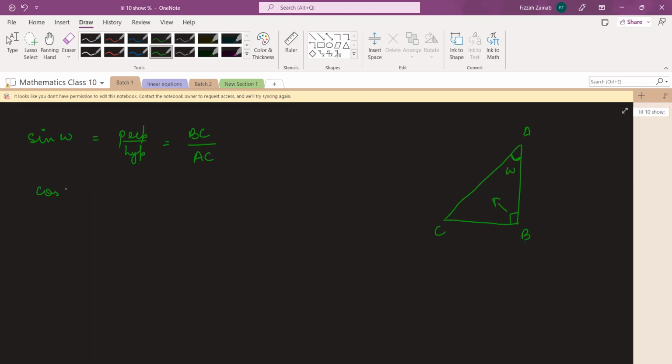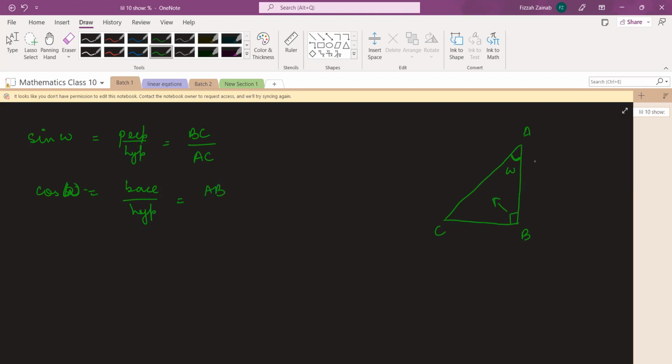Then similarly, you can write cos W. I'm also writing theta. So this is base by hypotenuse. Now, which is base, Arshia? Ma'am, AB is the base.